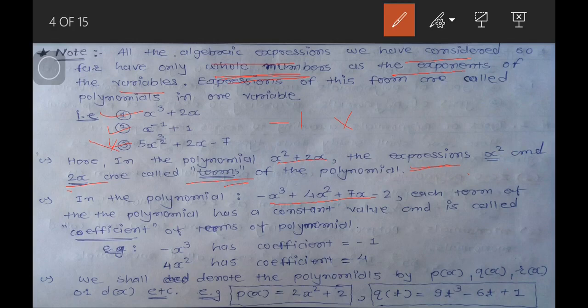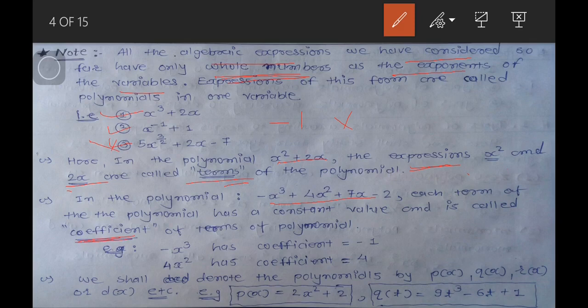Here you can see that each term of the polynomial has a constant value, and it is called the coefficient of the term.